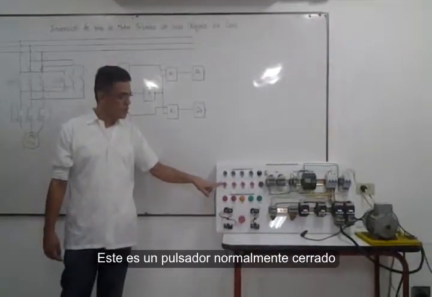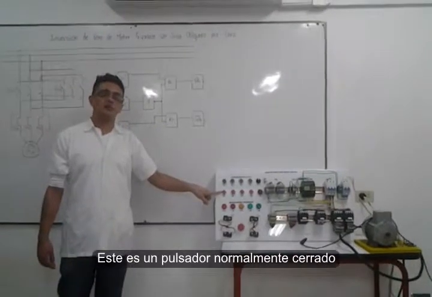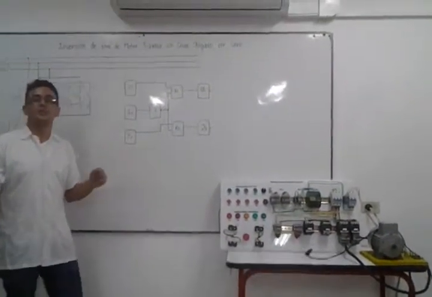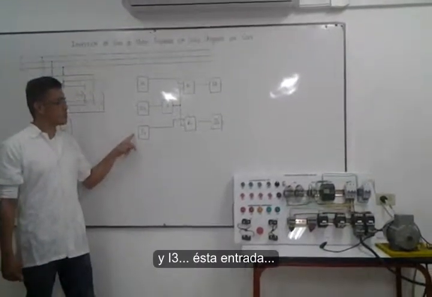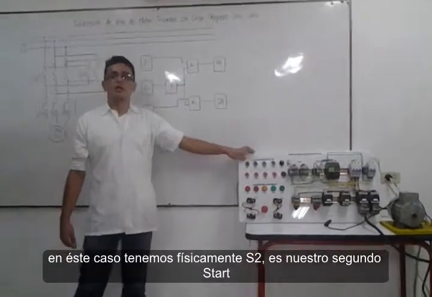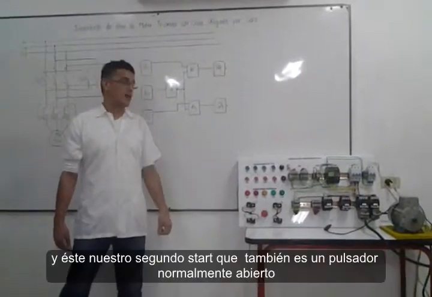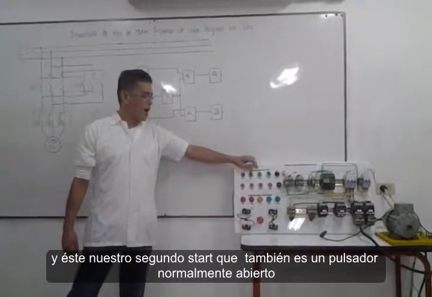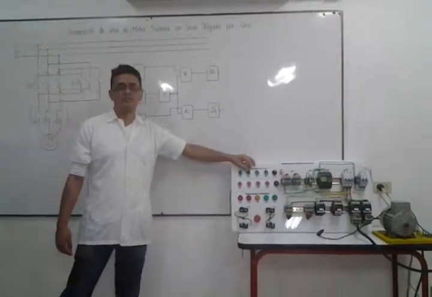This one is a normally closed push button, and this is the stop for our circuit. And I3, this input, physically is S2. And what is this? It's our second start, which is also a normally open push button.